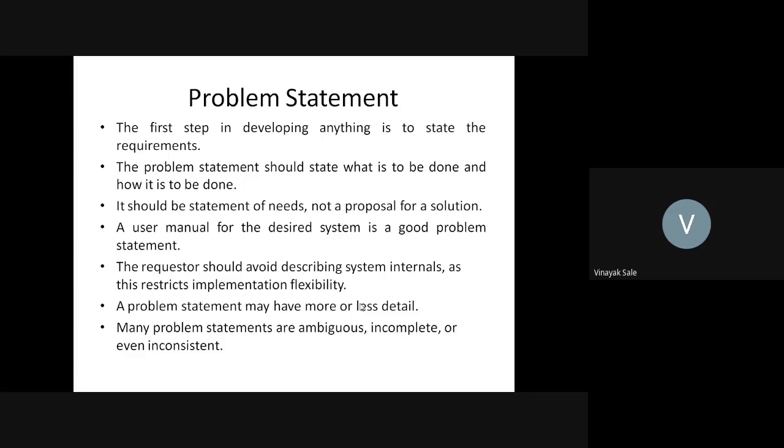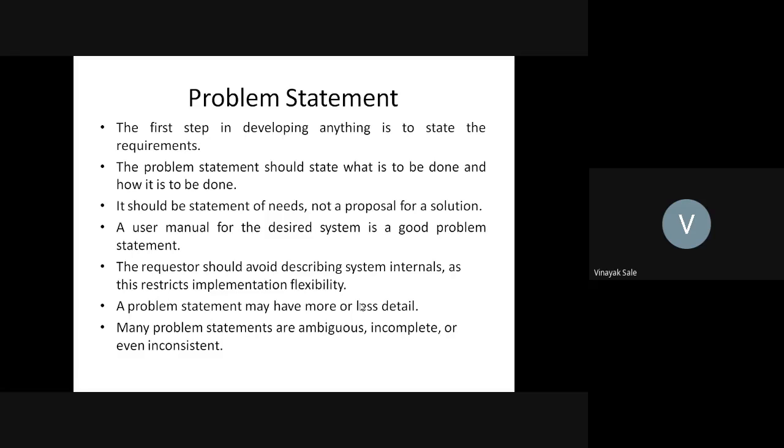The problem statement should state what is to be done and how it is to be done. It has two basic questions: what is to be done, and how it is to be done.